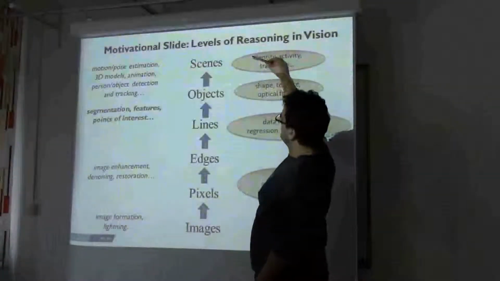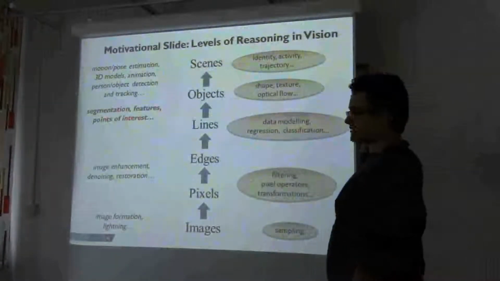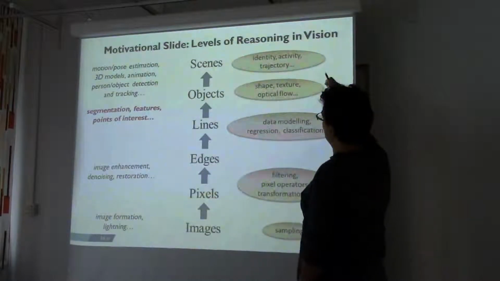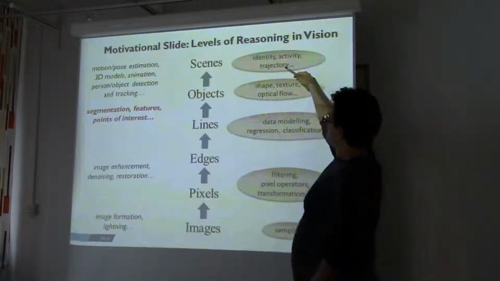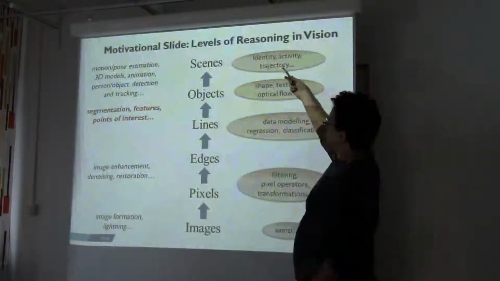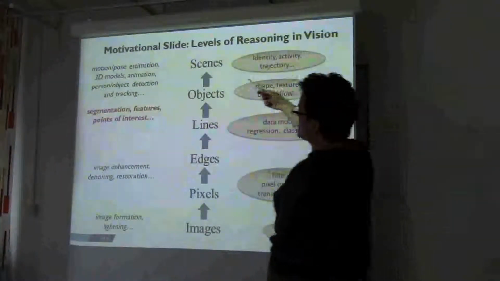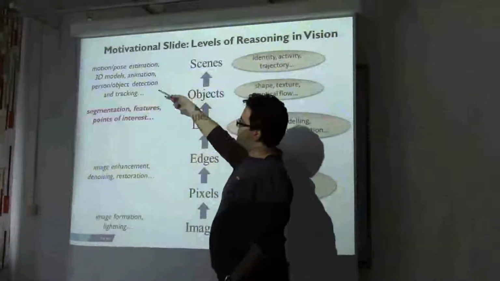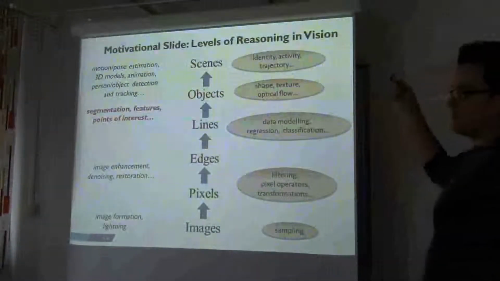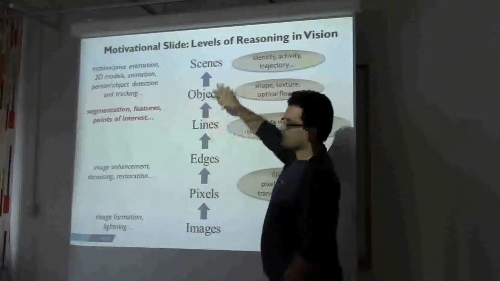And then we go up to an intelligent level where we should be able to do cool things like activity assessment, tracking of objects, trajectory, motion estimation, 3D models, animation, people detection, people tracking, a lot of cool things that build on this level here.